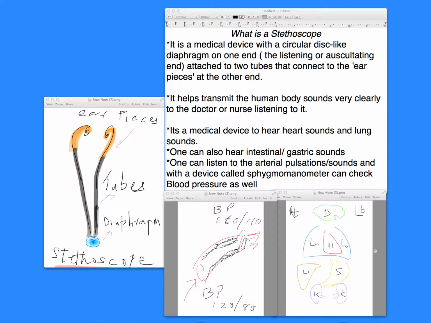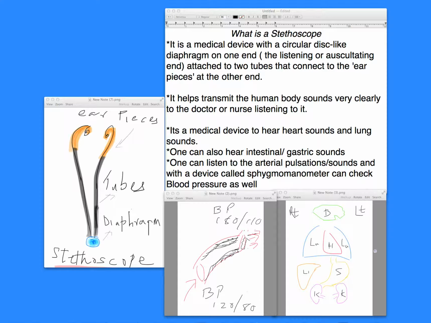So it's basically a medical device, which is an acoustic device, we call it, or a hearing device, which enables the doctor to hear the sounds originating from your heart, your lungs, your stomach, your kidney arteries, and it can also be used to check your blood pressure.